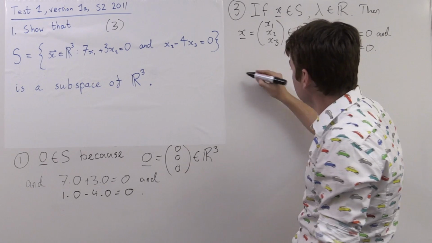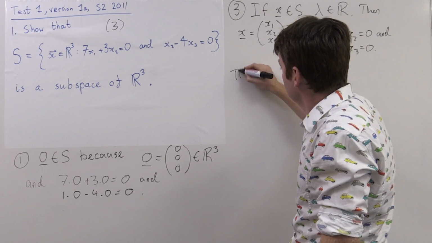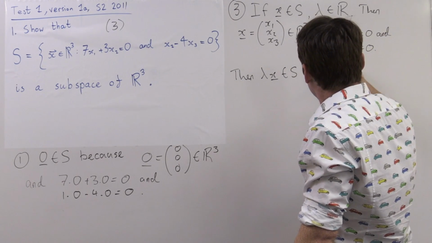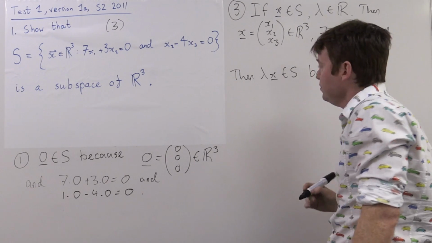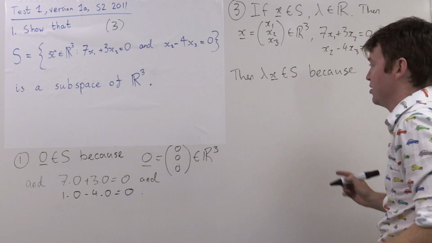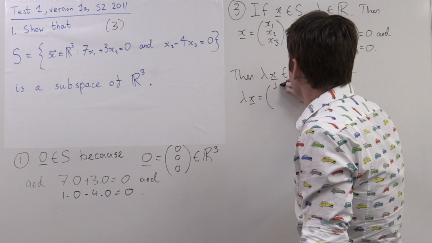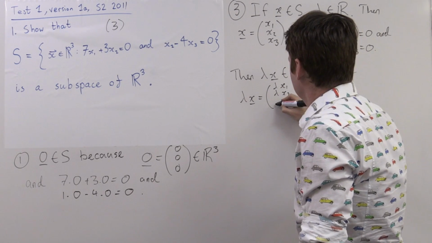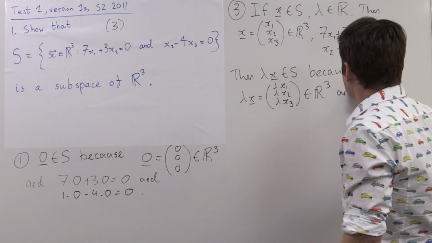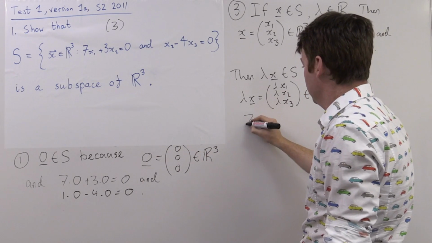Now I'm just going to boldly claim that lambda x is in S. I mean, I know this is true. The question tells me that it's true. It must be true, and now I'm going to give you some reasons why. Lambda x is equal to lambda, which is a vector from R3, and it satisfies these conditions.